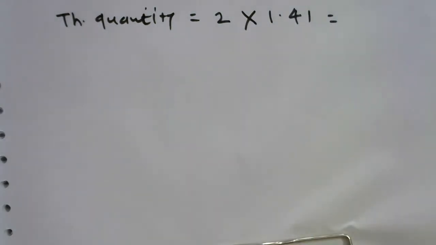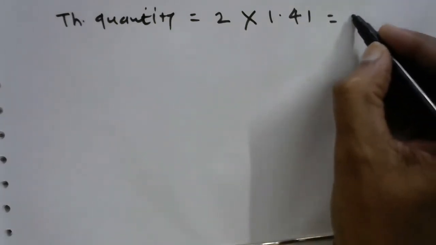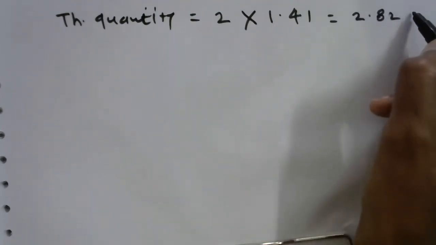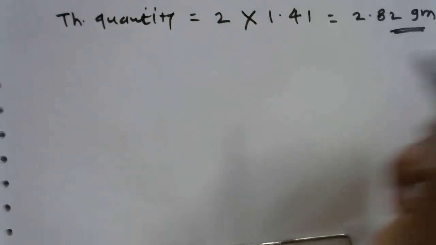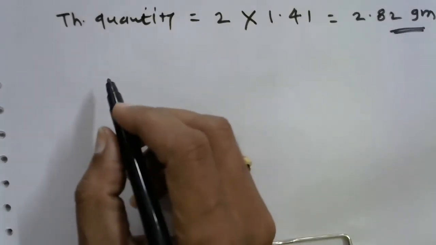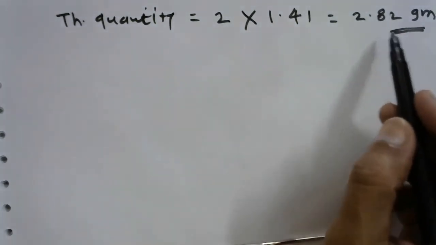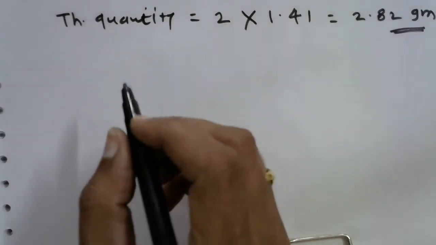After multiplying these values, it will become 2.82, and its unit will be gram. So the volume which we have measured, 2 ml, was 2.82 gram of concentrated HNO3.